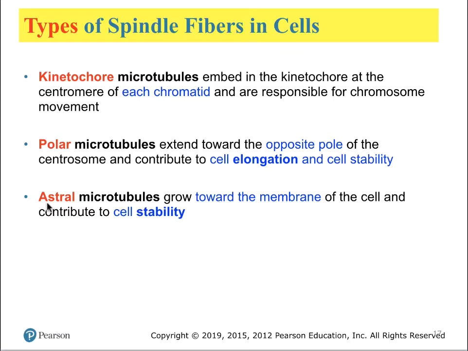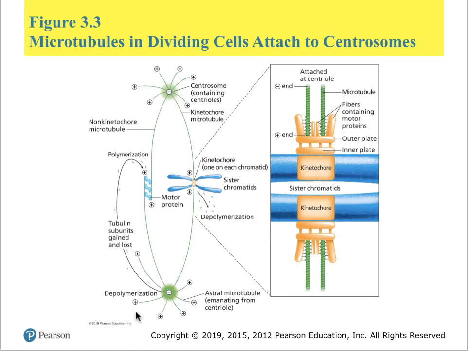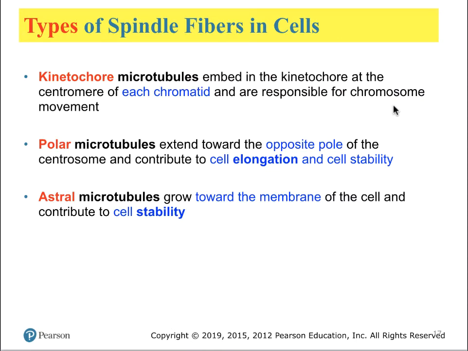And we already spoke about the astral microtubules, and they grow away from the centrosome towards the plasma membrane. Thus, once the chromosomes have condensed and the nuclear membrane has melted away into the cytosol, and the spindle complex has formed, we have proceeded through prophase and prometaphase.